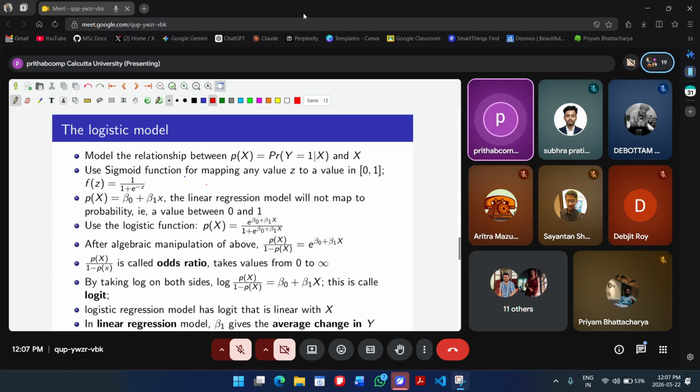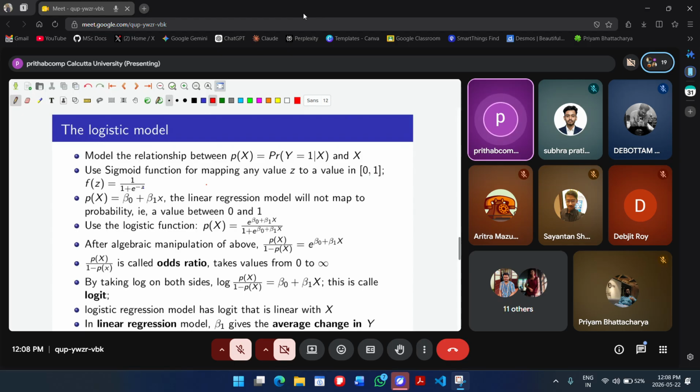You take any real value, and using this function it gets mapped into that range. So f of z equals 1 divided by 1 plus e to the power minus z.